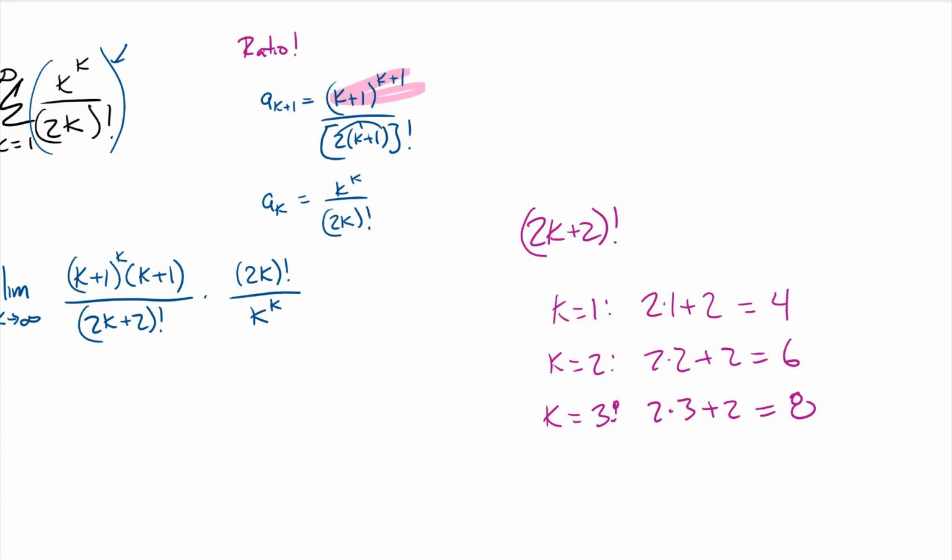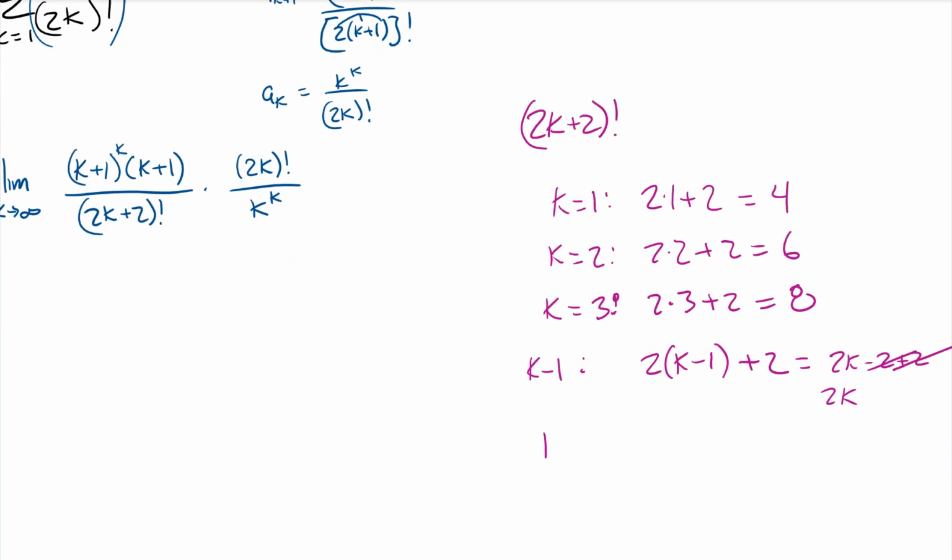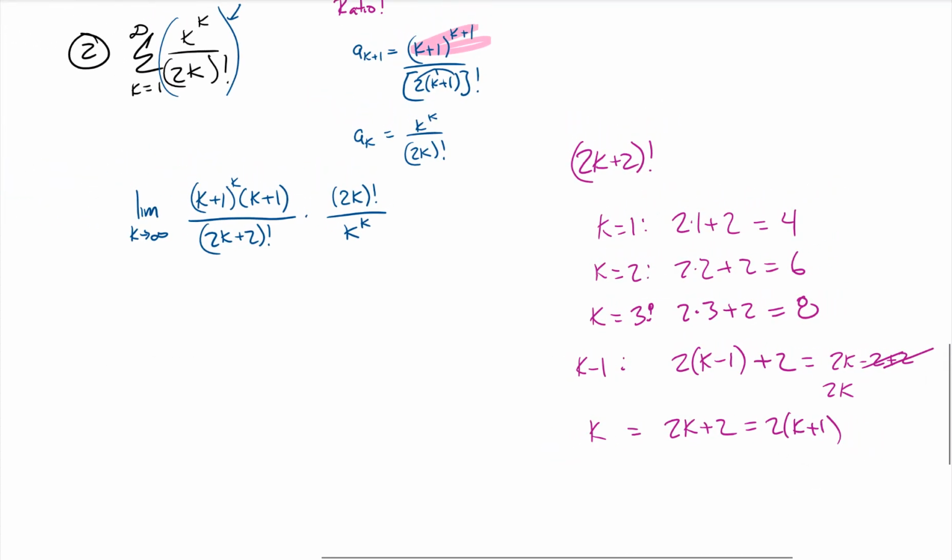And then what's the k minus 1th term? That's 2 times k minus 1 plus 2, which is 2k minus 2 plus 2. Oh, it's just 2k. And then what's the kth term? Well, it's given to you as 2k plus 2, which is 2 times k plus 1, or just 2k plus 2.